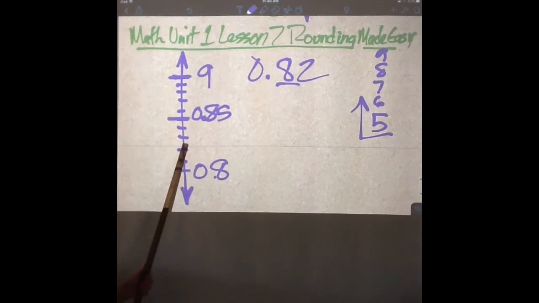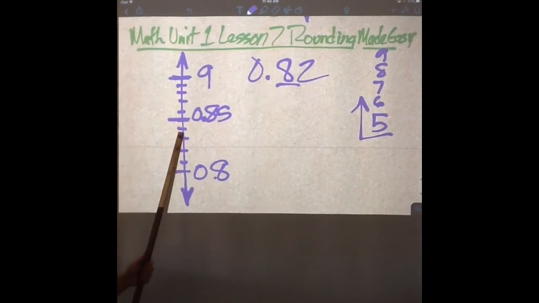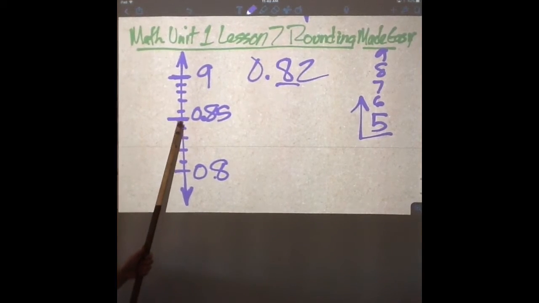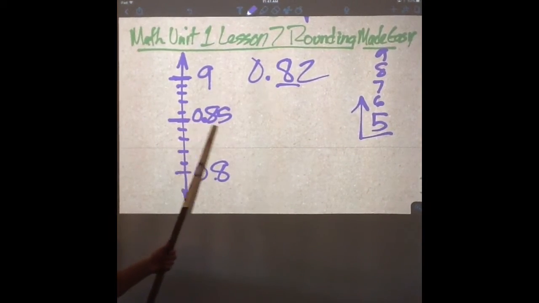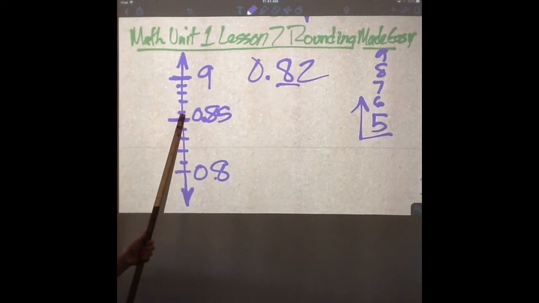Keep counting, okay. 0.83. 0.84. 0.85. 0.86. Have I got it yet? No. Did I go past it? Yes. I did, didn't I?